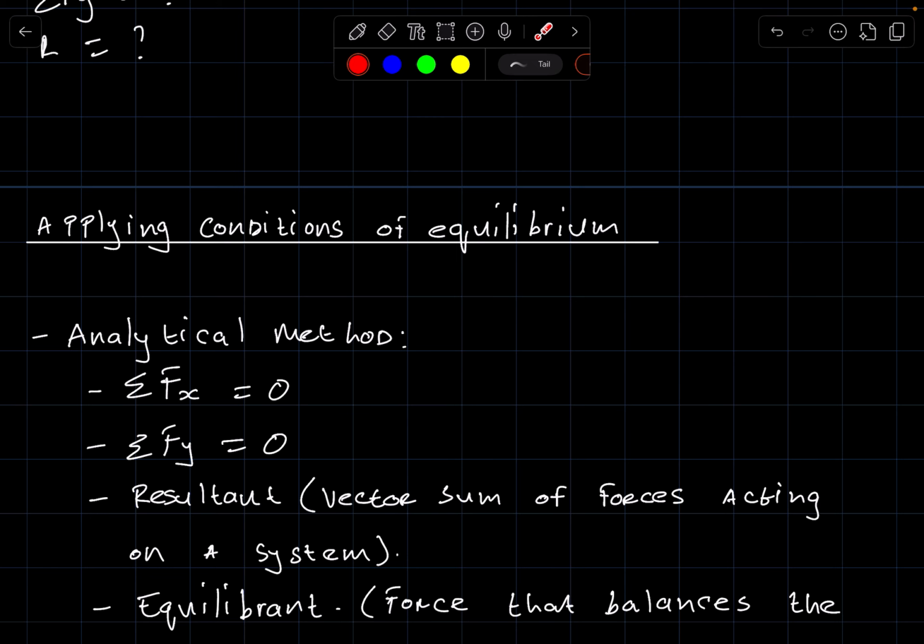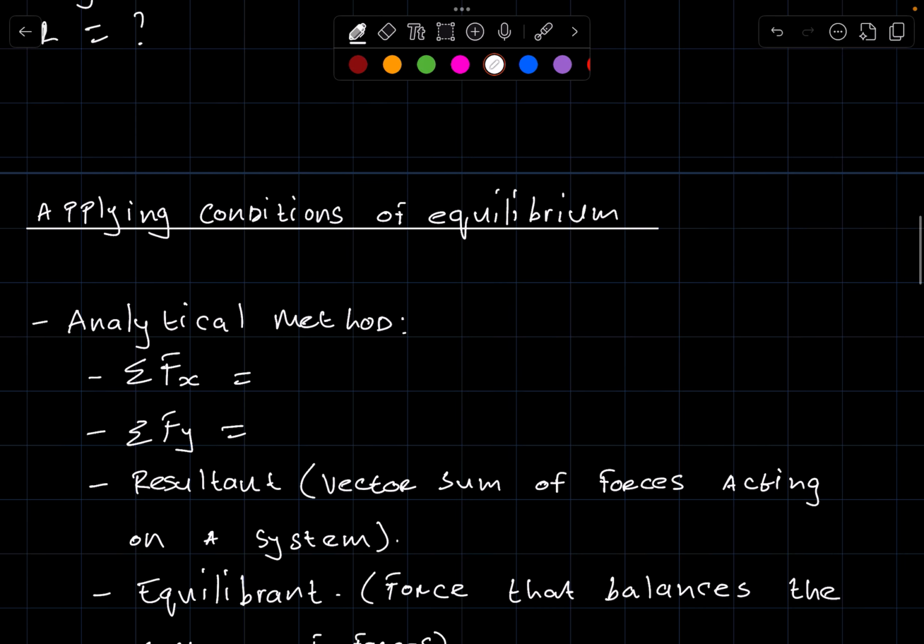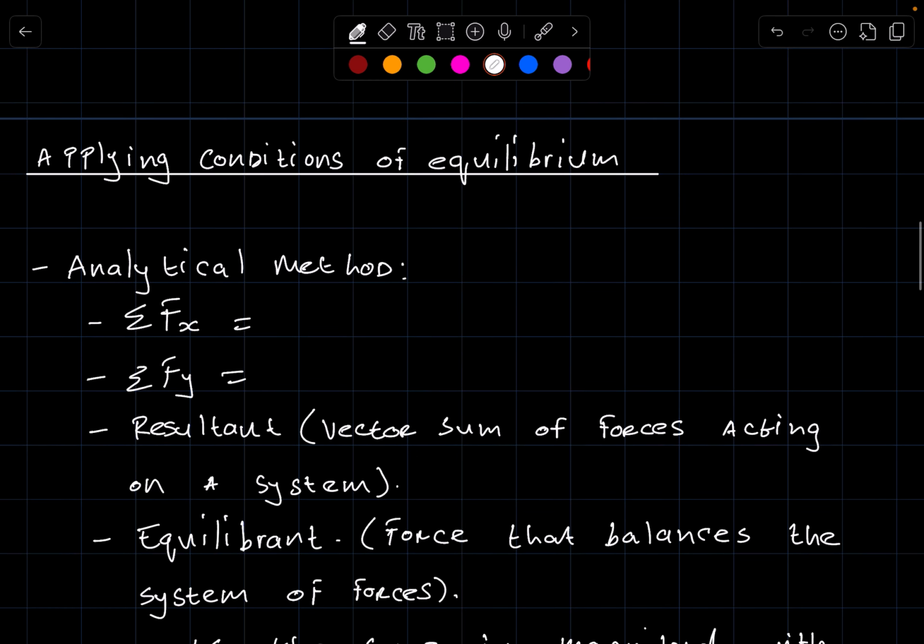All right. And then you get a scenario where you are given a system of forces and they do not mention whether the system of forces is in equilibrium or not. You would still apply conditions of equilibrium, but not equating them to 0.